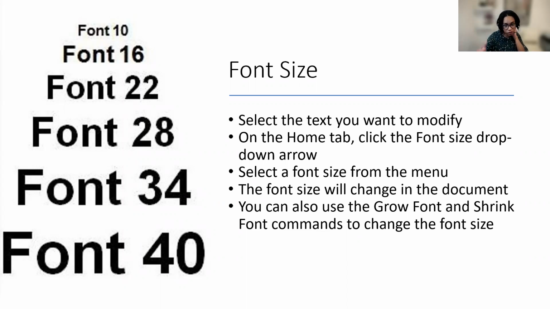Again, if you want to make it bigger, you'll choose a larger number than was originally there, or a smaller number. Once you click that number, the font size will change in the document. You can also use the grow font and the shrink font commands to change the font size to see what looks best if you don't know offhand what font size you want it to be.